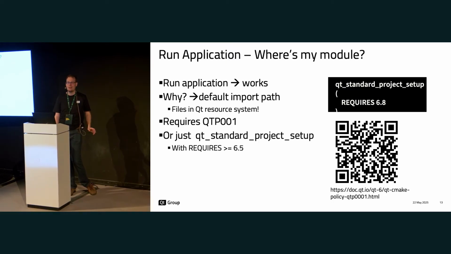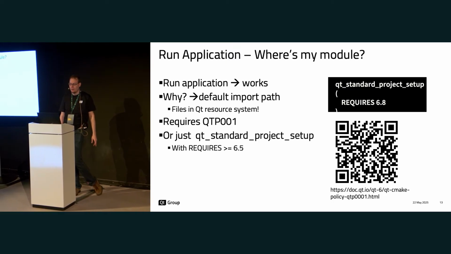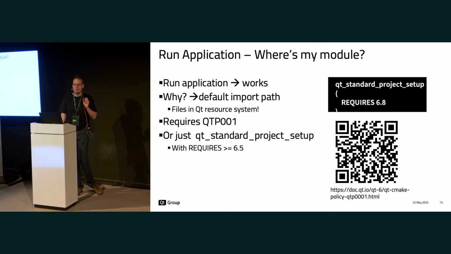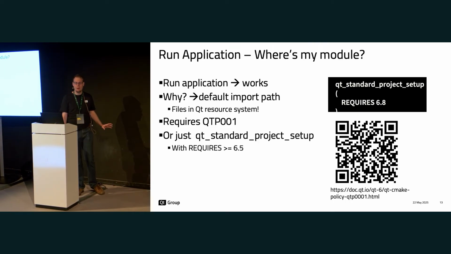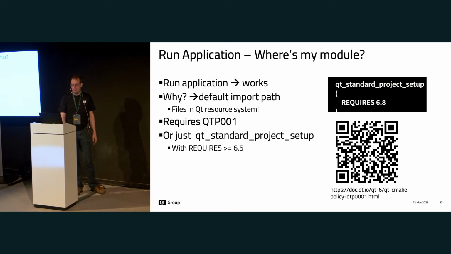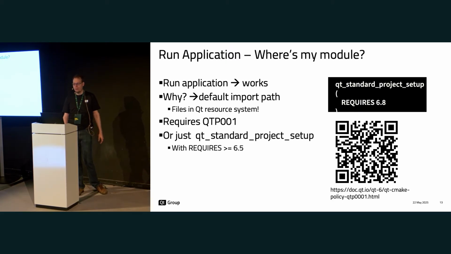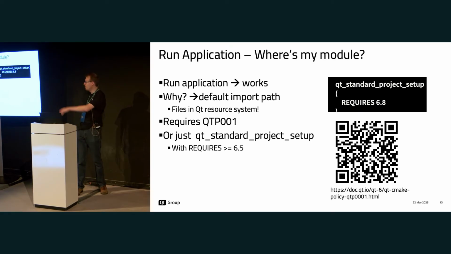Except there's a slight caveat. Like it's in the resource system, except you need something called QTP0001. That's a so-called Qt CMake policy. And I could tell you about setting individual policies, but there's a much better way. You can just use qt_standard_project_setup and tell it to require at least Qt 6.5. My snippet shows 6.8, that's intentional.